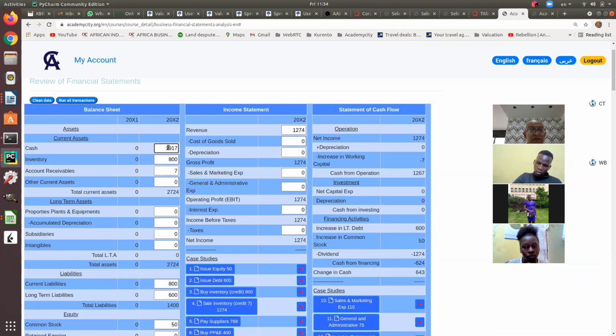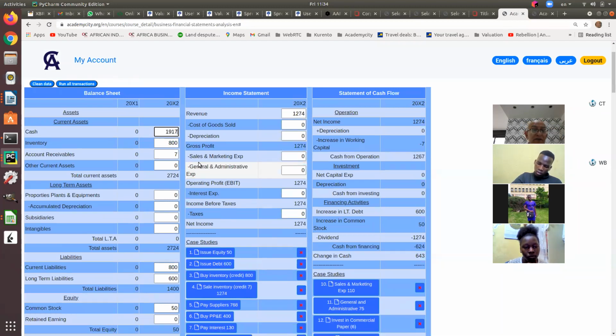By the way, you can check if you did it correct, because now you know the total assets went up by this 1274. This is my revenue. By the way, it's still not the end of the story, and I will explain in a minute why. But for now, my revenue is 1274.